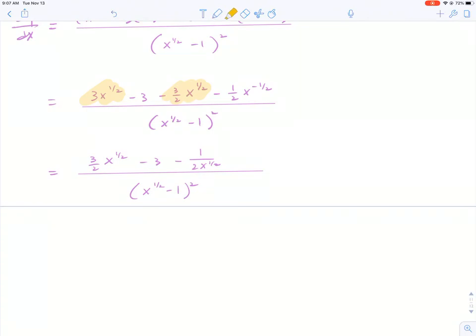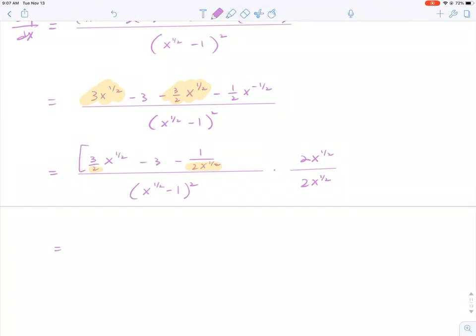So now if we want to get rid of the complex fractions, let's multiply by a version of 1 that would get rid of the complex fraction. So the least common multiple of the denominators of the complex fractions, think back to limits, right? LCM over LCM, would be 2x to the 1/2 over itself.